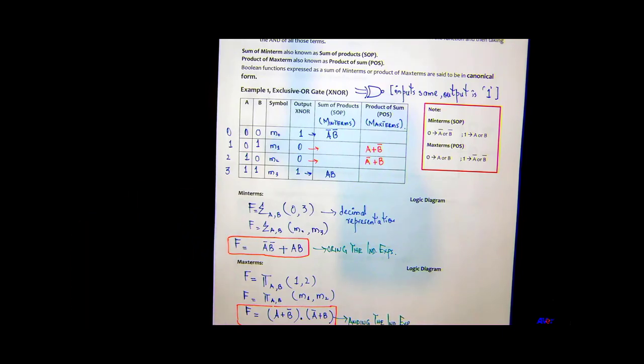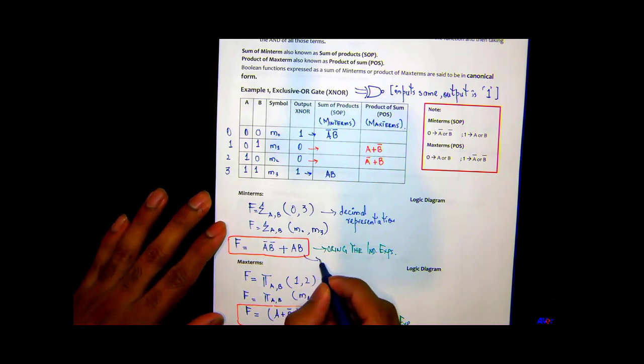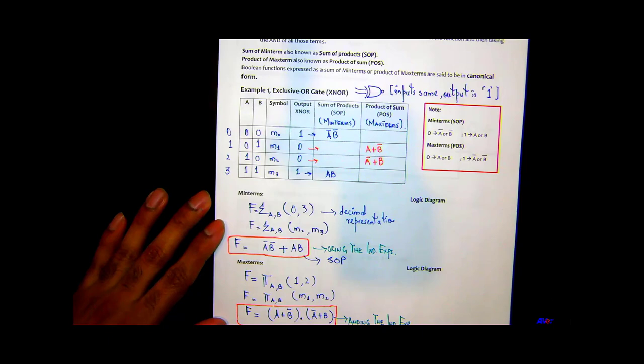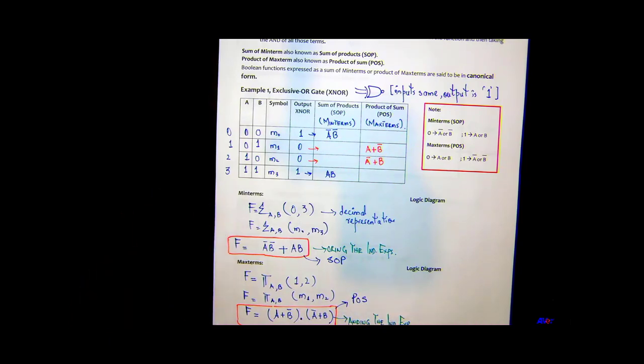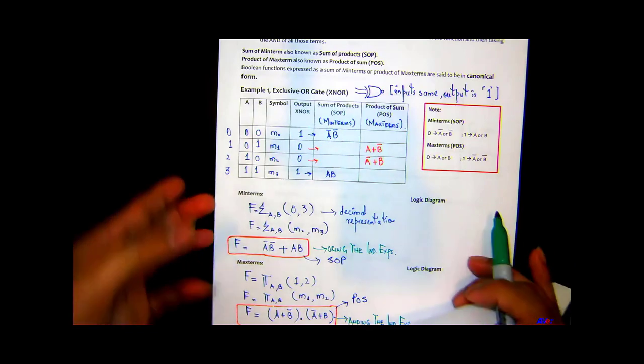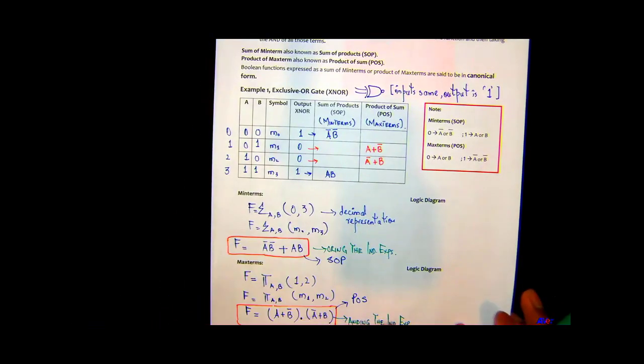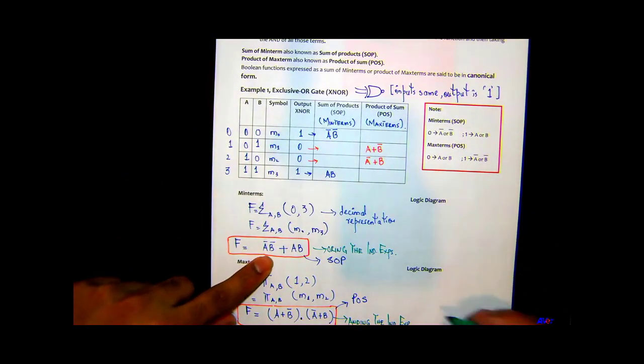Okay, so again, remember, this is your SOP, sum of products, as the name itself suggests, and this is the POS, product of sums. Okay, if I make a circuit for this, a logic diagram, okay, so this is the expression.